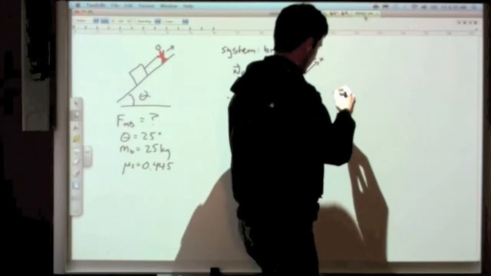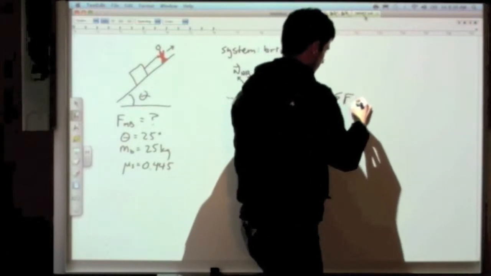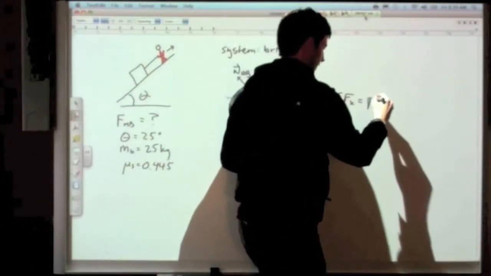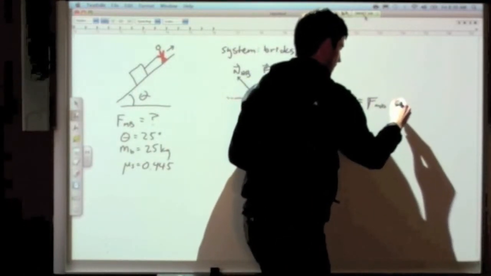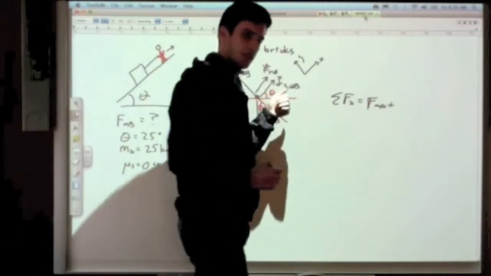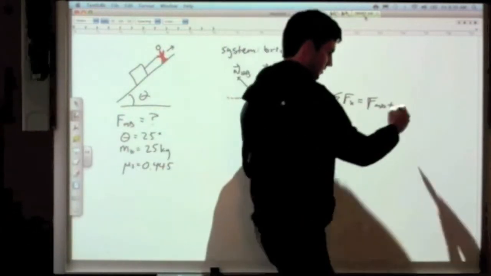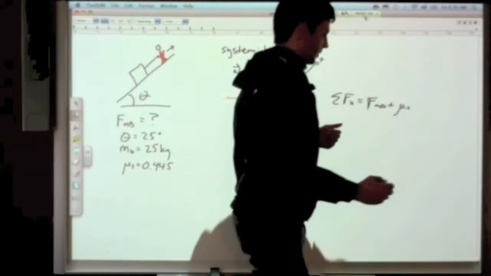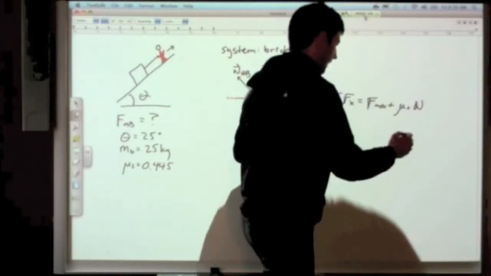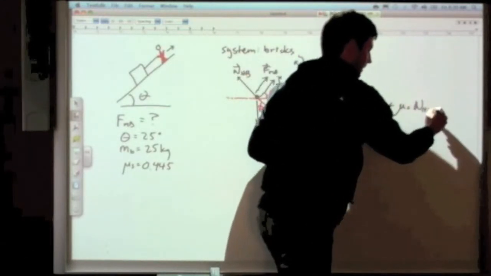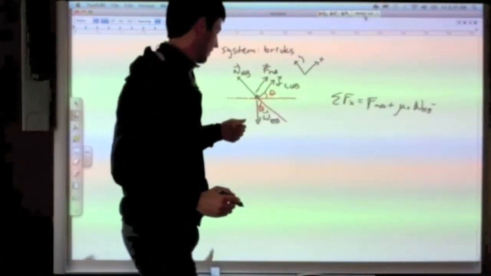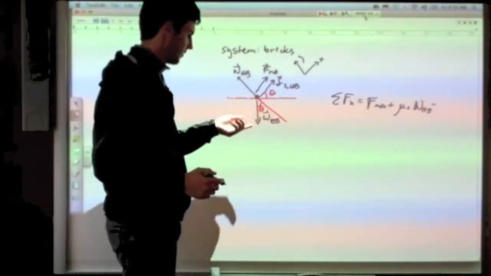If we sum the forces in the x direction, we get the force from the monk, call it Fmb, plus the static friction force from the ground, which we already said was going to be at its maximum value, which is mu sub s times the normal force between the hill and the bricks. And then we're going to have to subtract off from that the x component of the weight force.